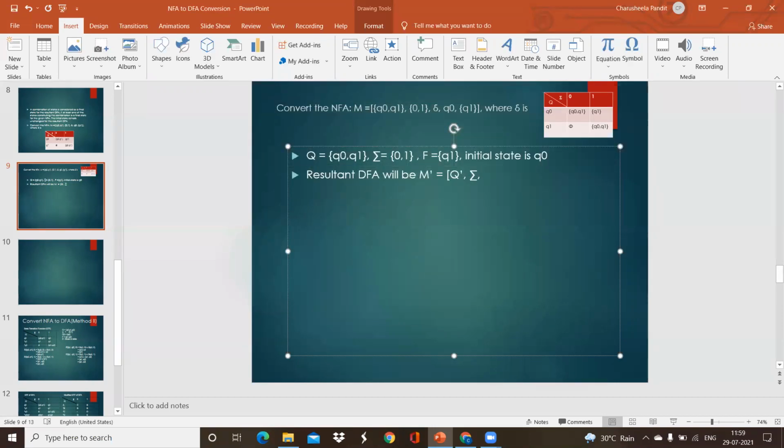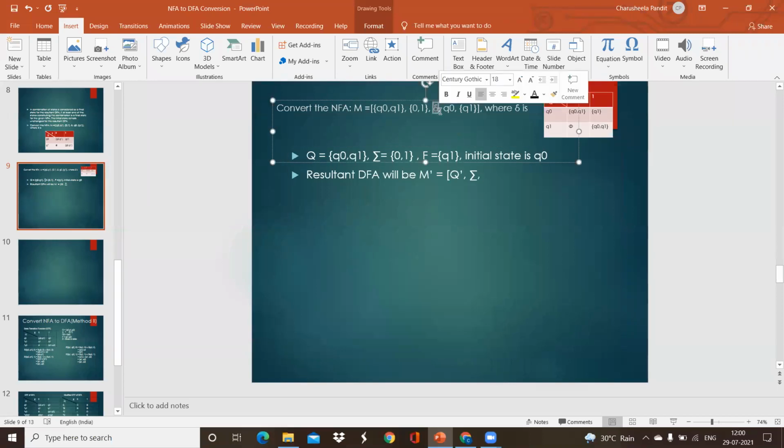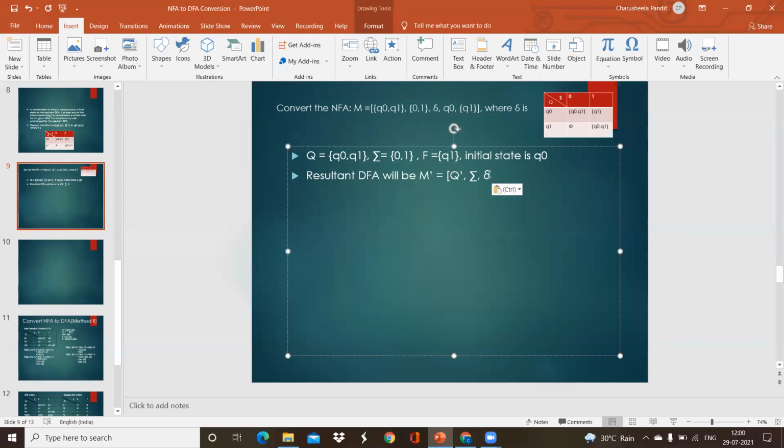After that, there will be delta dash, which is nothing but the state transition function. For DFA, we will call it delta dash. Delta is for NFA. Then Q0 is again your initial state. The initial state of DFA and NFA is the same. And F dash is nothing but the final set of states.